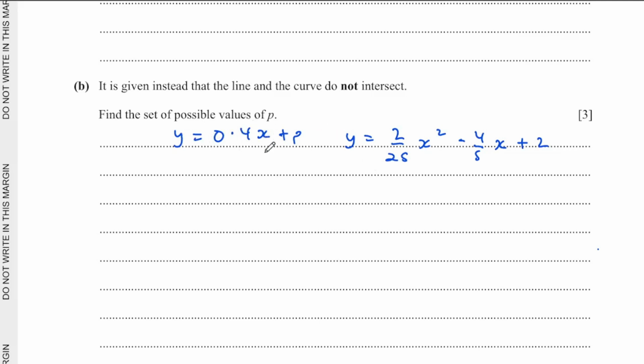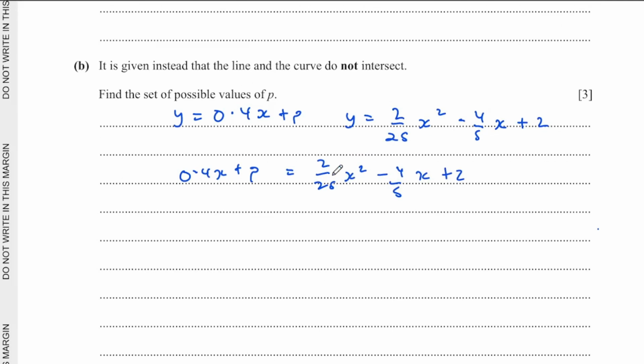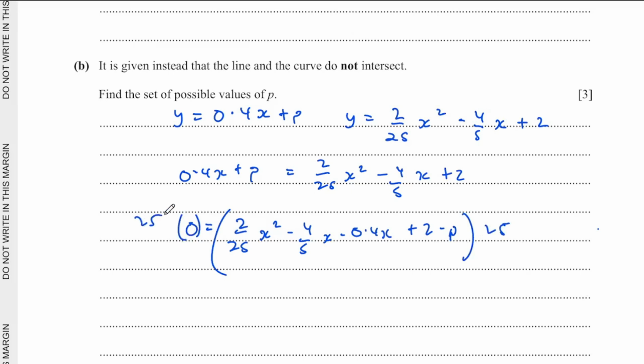So equate them simultaneously, so 0.4x plus p equals 2 over 25x squared minus 4 over 5x plus 2, and we can put these together. So 0 equals 2 over 25x squared minus 4 over 5x minus 0.4x plus 2 minus p. Yeah, and here we can just multiply by 25 throughout so that we can get rid of the denominators.